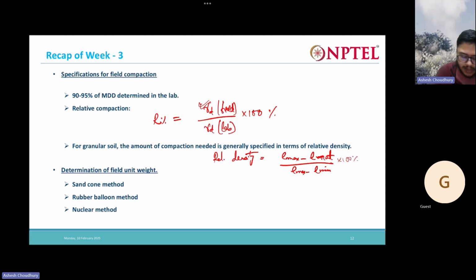Another is the rubber balloon method, where you use an inflated rubber balloon to determine the field unit weight. And then we have the nuclear method. The sand cone method is the cheapest and most generally used method to determine the field unit weight. All of you will be doing this test in your geotechnical or soil mechanics lab in your undergraduate course.